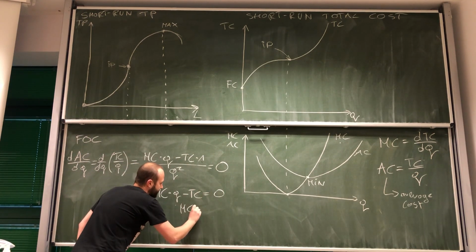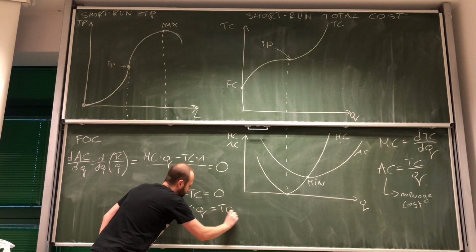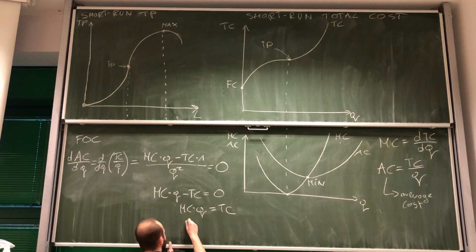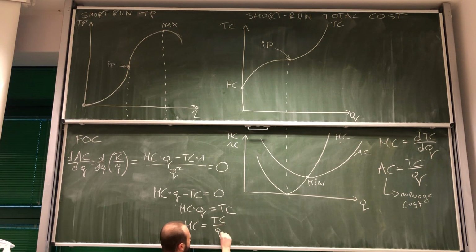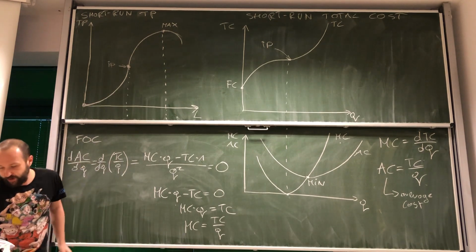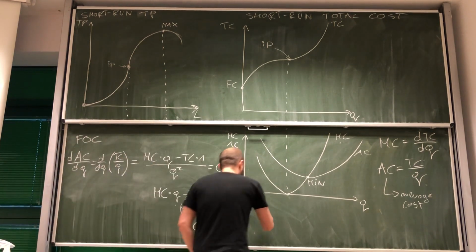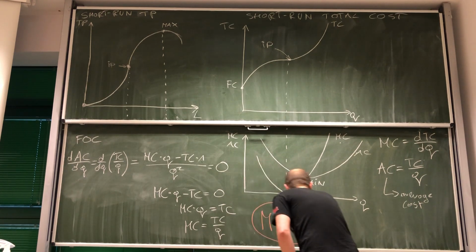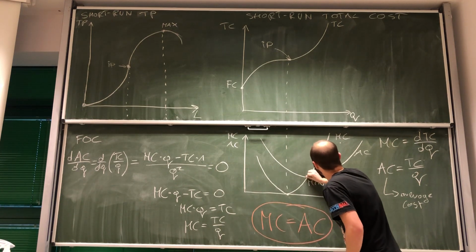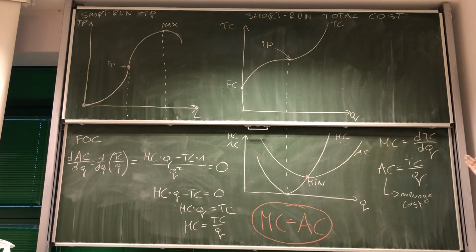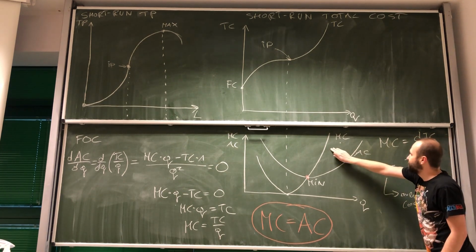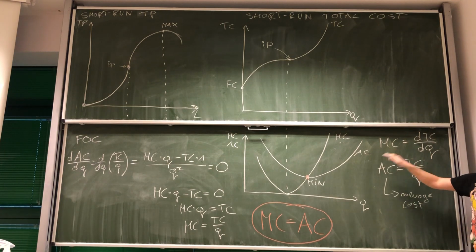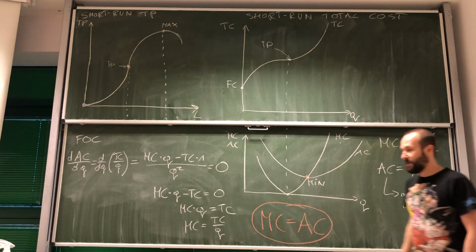So marginal cost times quantity equals to total cost. And finally, we get the marginal cost equals to total cost over quantity, or as we would prefer to put it, marginal cost is equal to average cost. So again, we see that average cost takes the lowest possible value at a point where marginal cost and average cost are equal to one another.